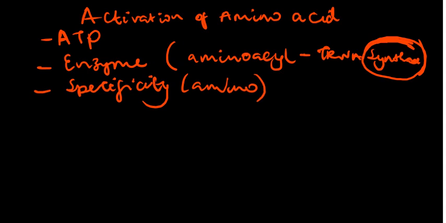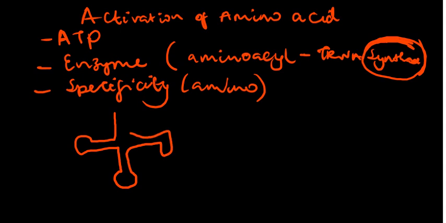So the activated amino acid is then attached to a specific tRNA. Let me just draw this tRNA strand that looks like a T shape. Last time we talked about the tRNA having bases like CCA at the 3' end, and this is the 5' end. And these are the arms.